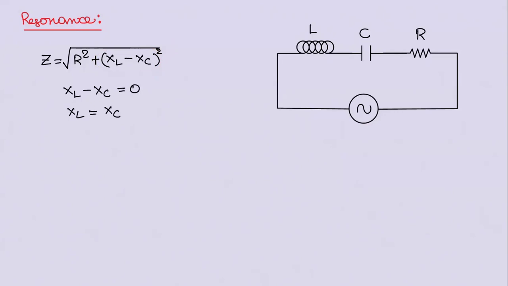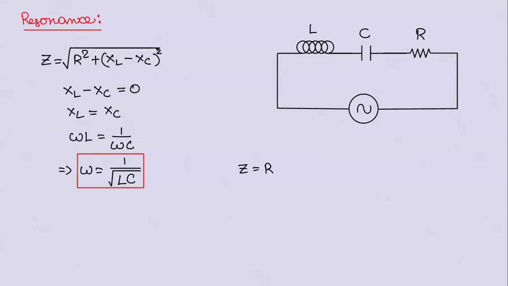Now let us substitute the values of XL and XC. Then we get omega L is equal to 1 by omega C. Further, if you derive, then omega is equal to 1 by root LC. This is the resonance frequency. At this frequency, impedance Z will be equal to R and the circuit is purely resistive.